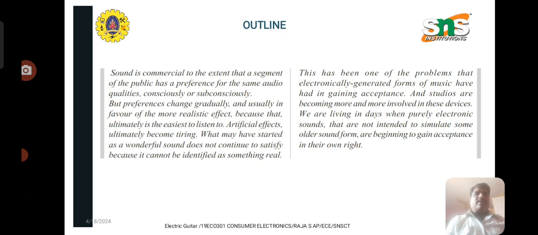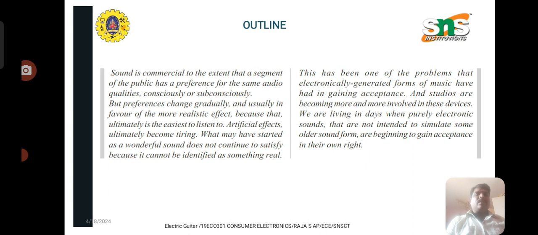Sound is commercial to the extent that a segment of the public has a preference for the same audio qualities, consciously or subconsciously. But preference changes gradually, and usually in favor of more realistic effect, because that is ultimately the easiest to listen to. Artificial effects ultimately become tiring. What may have started as a wonderful sound does not continue to satisfy.